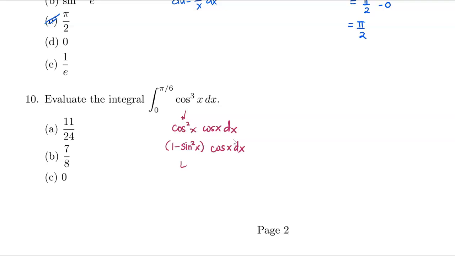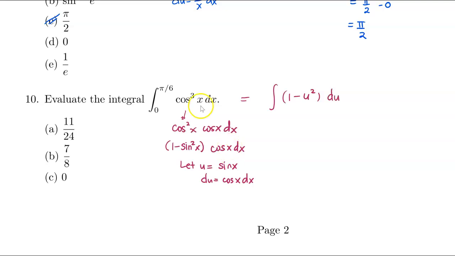So in other words, if you let u be equal to sine x, your du is cosine x dx. That means that this expression here will just become 1 minus u squared, and then your cosine x dx is just your du. So times du.